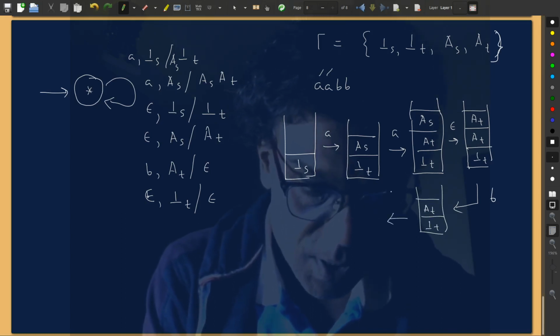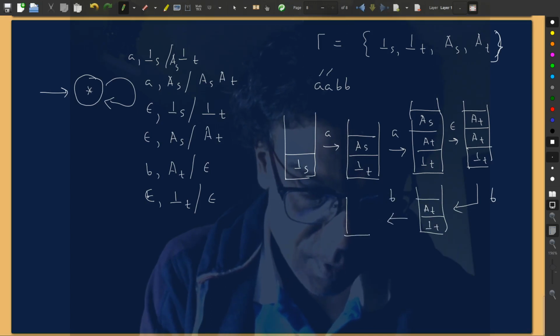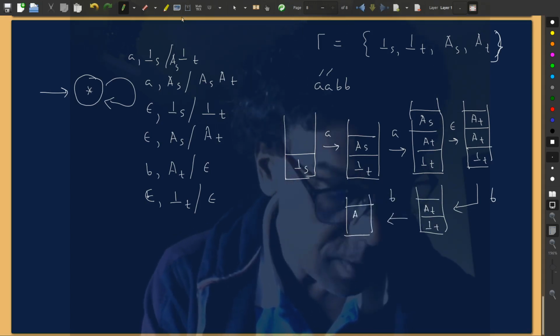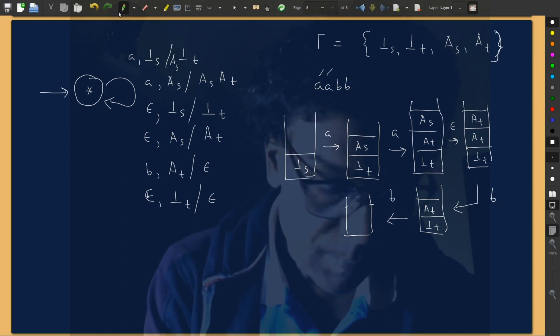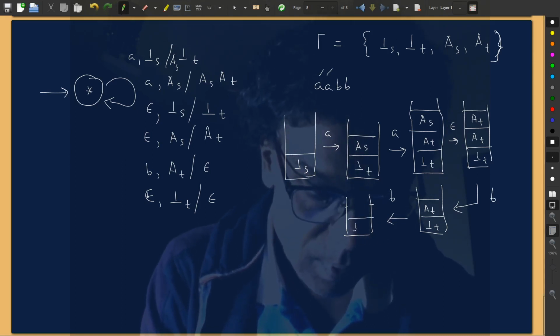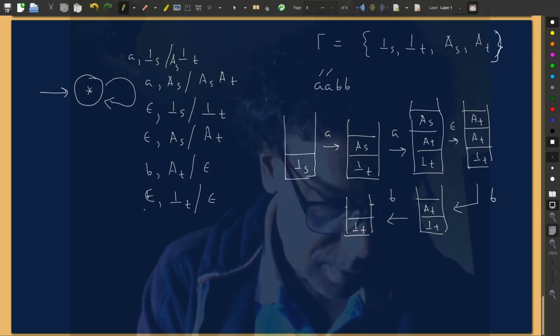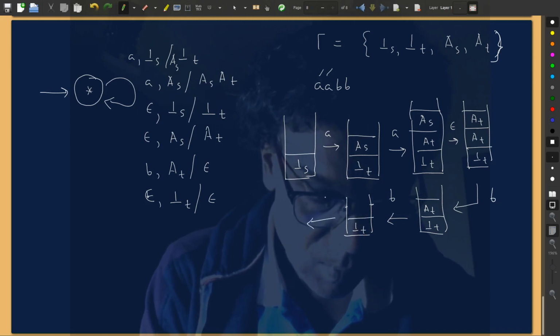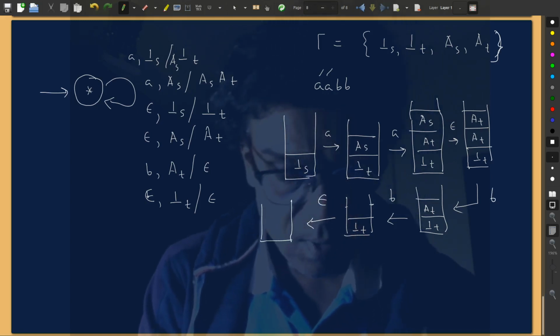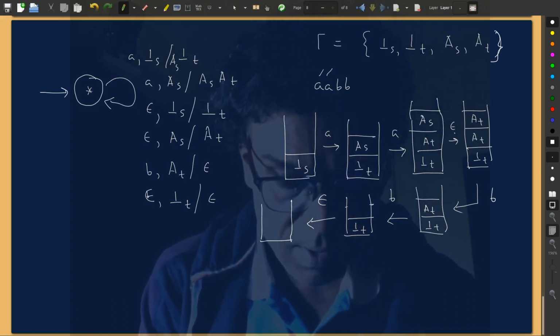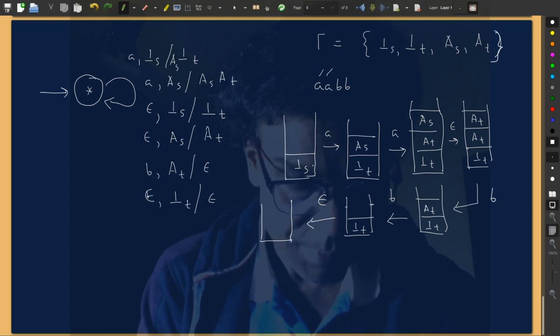Consume another B, get rid of this. Sorry, we got rid of. And then you did epsilon, get rid of the final bottom marker. Okay. So A, epsilon, B, epsilon.